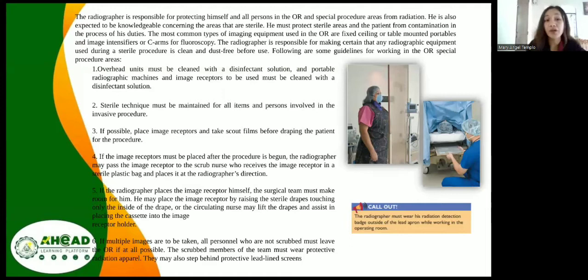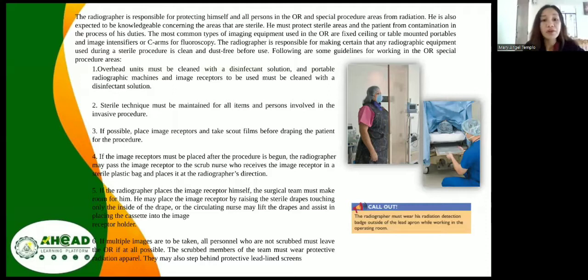The radiographer is responsible for protecting himself and all persons in the OR and special procedure areas from radiation. He is also expected to be knowledgeable concerning the areas that are sterile. He must protect sterile areas and the patient from contamination in the process of his duties.